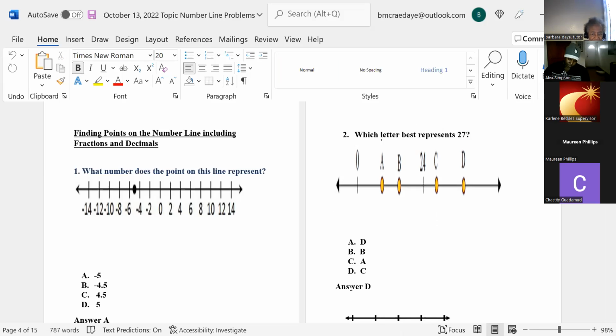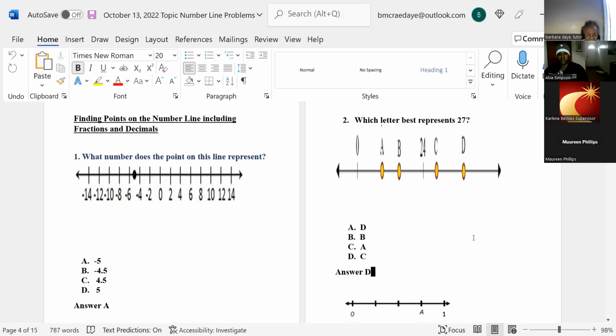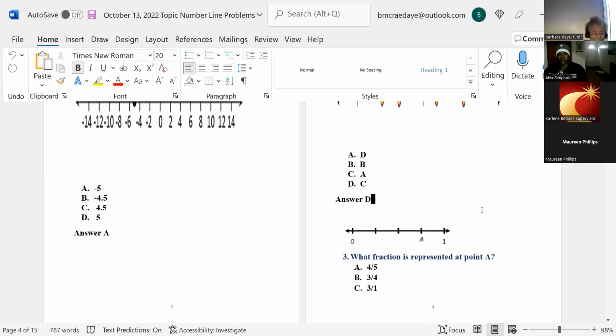Answer D, absolutely correct. Because 24, the C is what? 25. And then the 26 would be here between C and D, right? So then this has to be correct. Very good. You're so smart today.